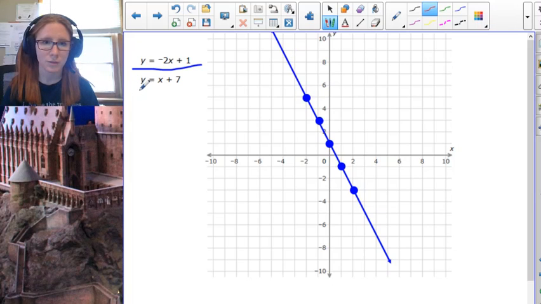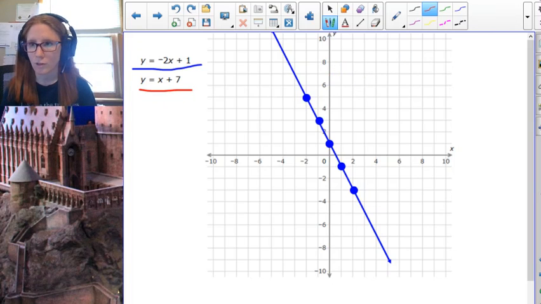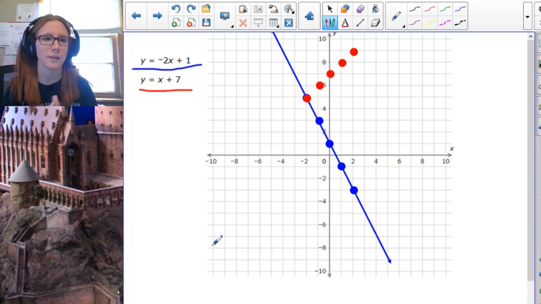So then let's go ahead and do our red line now, where we go up 7, which is here. Oops, too small. Forgot to change dot size. And then we're up 1, right 1, up 1, right 1, and down 1, left 1, and down 1, left 1. Boom, we already intersect right there.